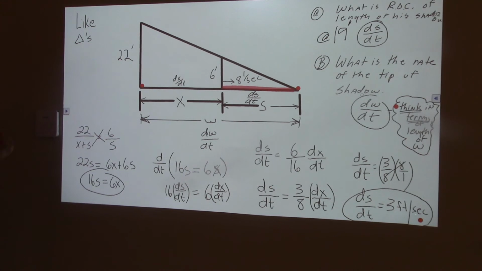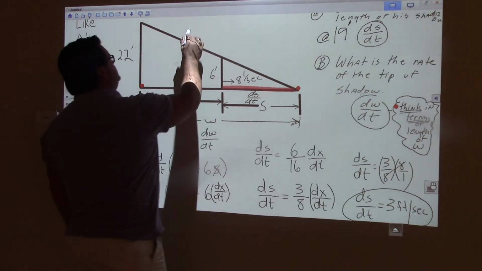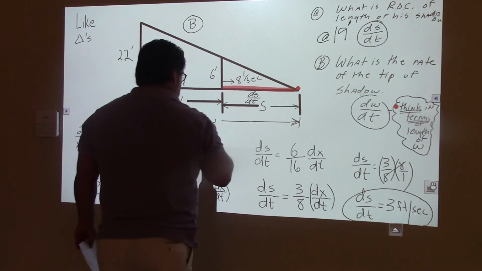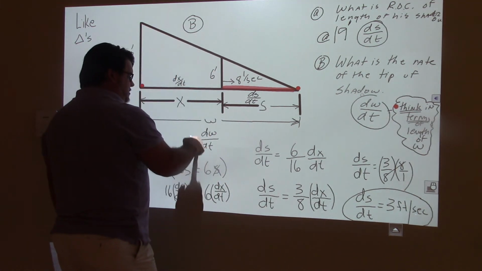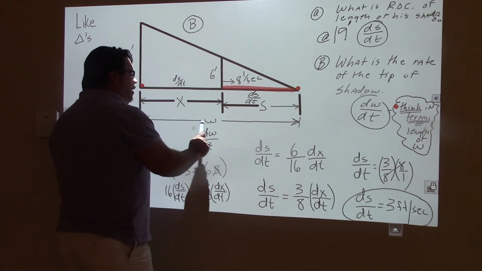So for B, we need dW/dt, right? Well, let's set up the equation. What's the equation for W?